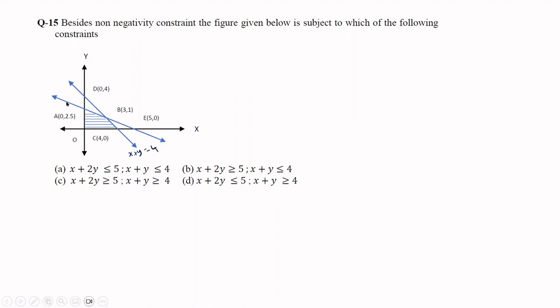And the equation of this line AE is x plus 2y equal to 5. Now the feasible region is shaded towards the origin. As a result, the constraints for this are nothing but x plus 2y less than or equal to 5 and x plus y less than or equal to 4. So the correct option is option E.